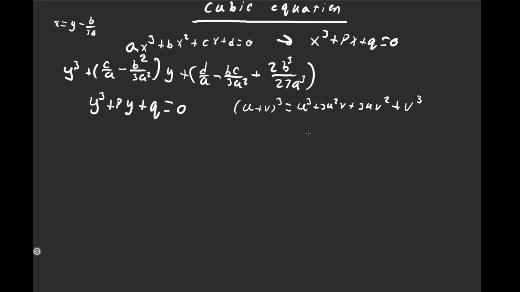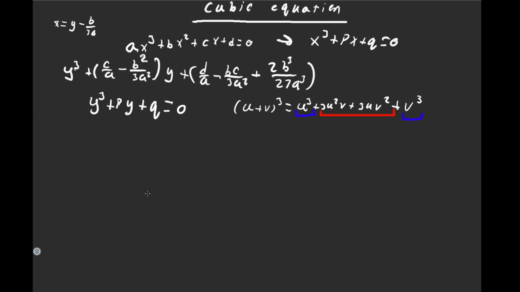And we see that there is a common factor of 3u and v, and we could also group up the terms u cubed and v cubed.